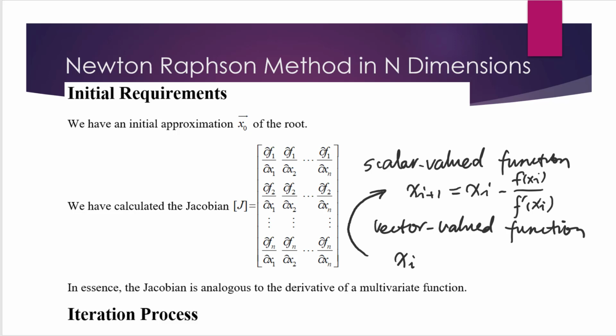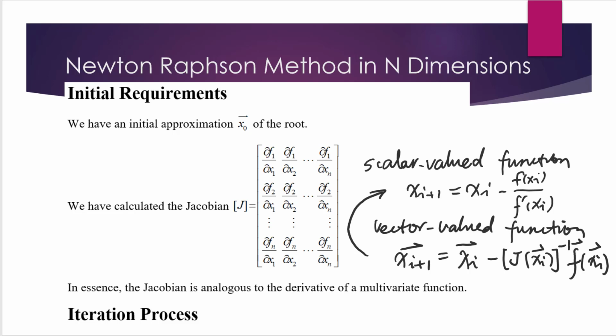The vector x(i+1) is equal to the vector xi minus the inverse of the Jacobian evaluated at xi, times the function value, the vector f evaluated at the vector xi.